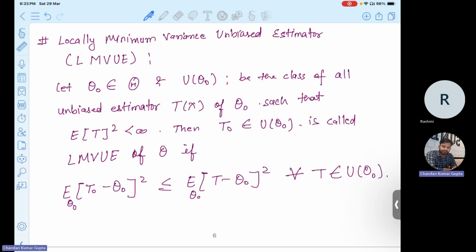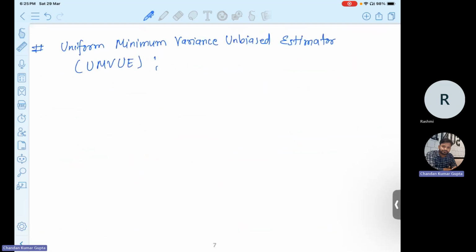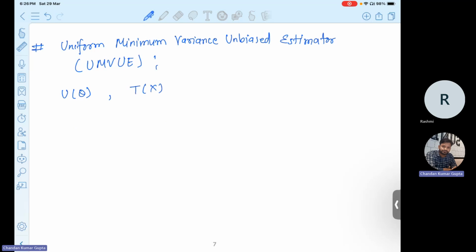But when we are discussing the uniformly minimum variance unbiased estimator, it has the minimum variance for all values of theta, not for a particular value, but for any value within the range of theta. So here the definition is: let U theta be the class of all unbiased estimators, where T(X) is an unbiased estimator such that the expected value of T is finite for all theta belonging to the parameter space capital Theta.